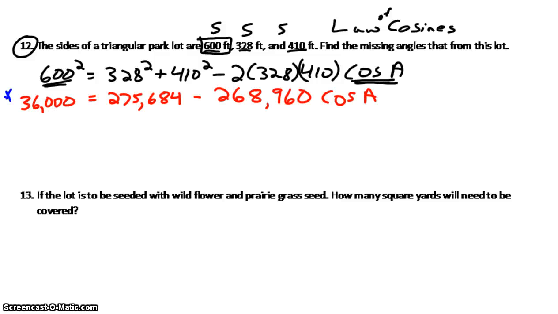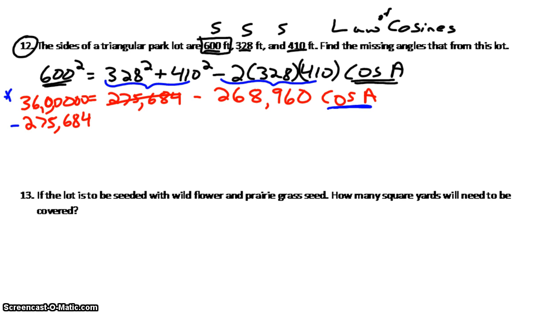That leaves me with the following information as I worked pieces of this, and this again is what I'm going to solve for. So I will subtract from my, I'm sorry, this is supposed to be 360,000. Subtract 275,684. And then we're going to divide.